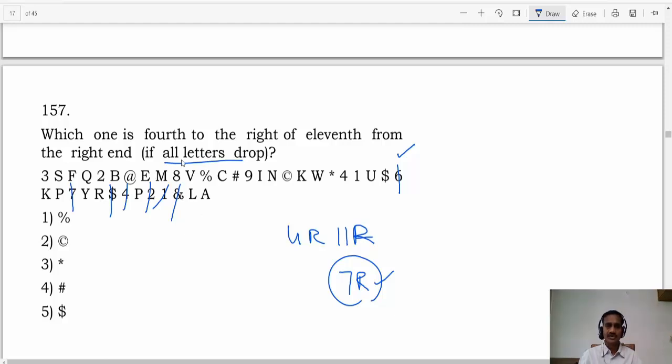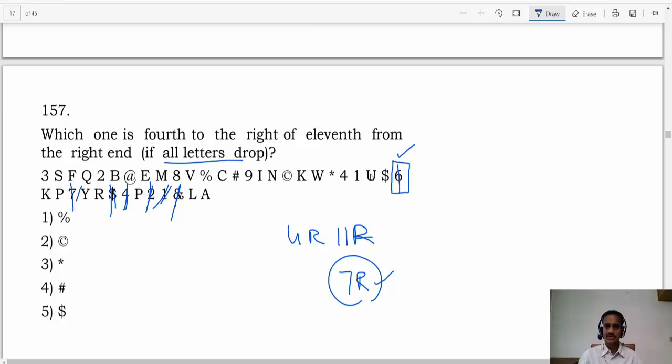Now we need to find out if all the letters are dropped down. Letters అన్ని తీసేస్తే మనకి 7th right రావాలి. 4th and 11th. Now 1, 2, 3, 4, 5, 6. Now this is 7. 7th from the right is what? 6 is the number, isn't it? Now 6 should be the answer. ఇది regular గా మేము చేసుకున్నప్పుడు కూడా 11th from the right hand కౌంట్ చేశారు అనుకోండి.